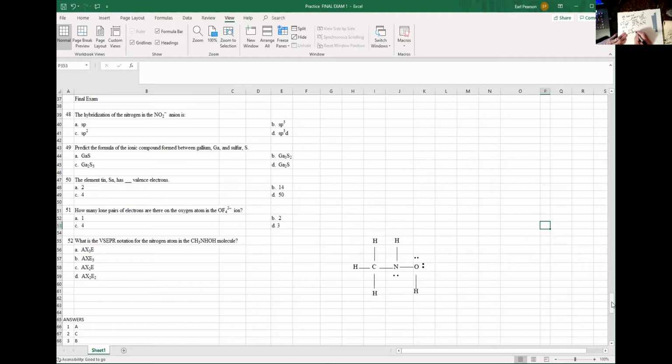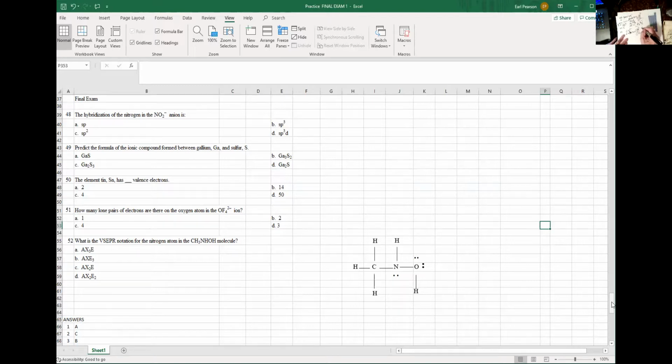I'll tell you why I don't like it in a minute. I've got 6 valence electrons from oxygen. I've got 4 fluorines in group 7, and I need 2 more for the charge. 28, 30, 36. This is 36 valence electrons divided by 8. That's 4, 32. 4 divided by 2 is 2.